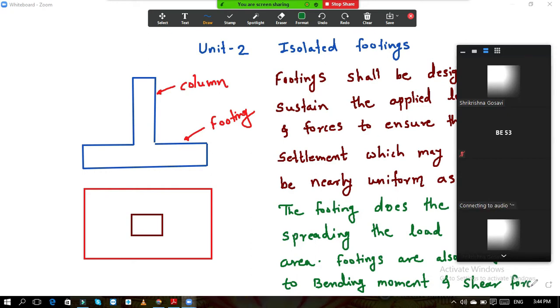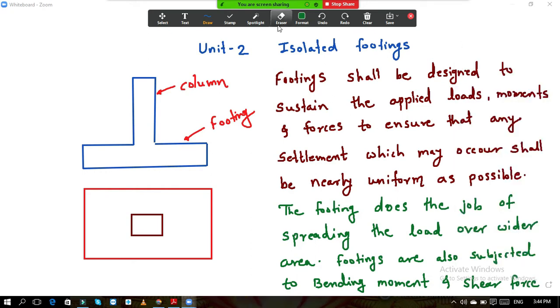Okay, so we will read it once again. Now see, footings shall be designed to sustain the applied loads, moments and forces. So footings are designed in such a way that they should withstand the applied loads, moments and forces, to ensure that any settlement which may occur in the structure is as uniform as possible.